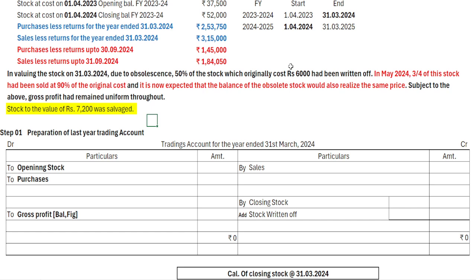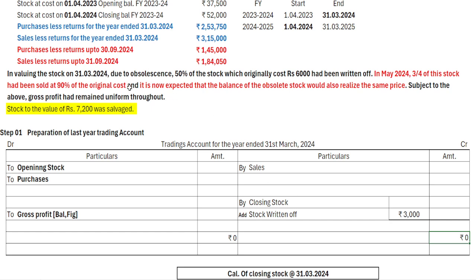Other way around, 50% of goods are written off, which means it is recorded as 3,000 instead of 6,000. So we will add this on 31st March 2024. While preparing the trading account, we'll add 3,000 which is written off.